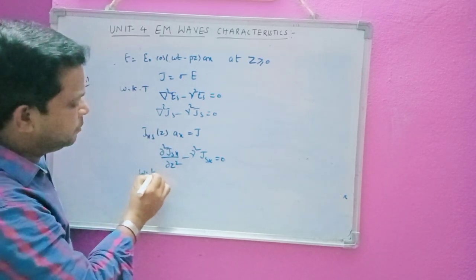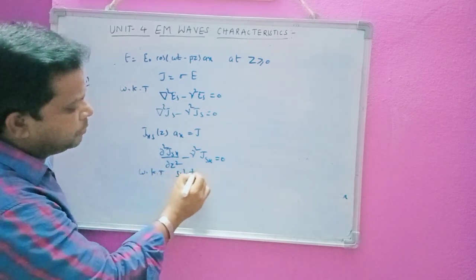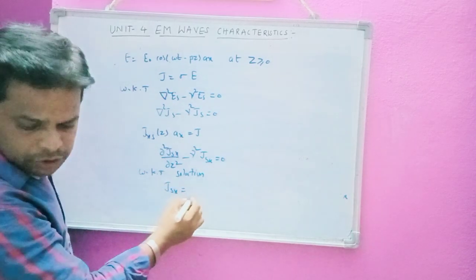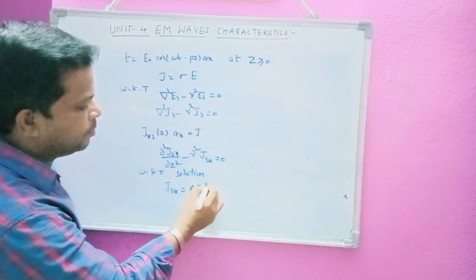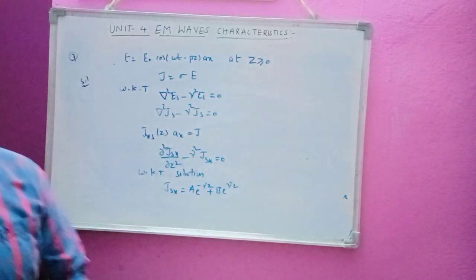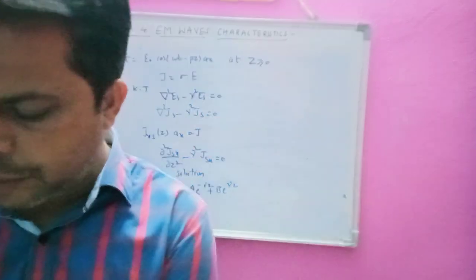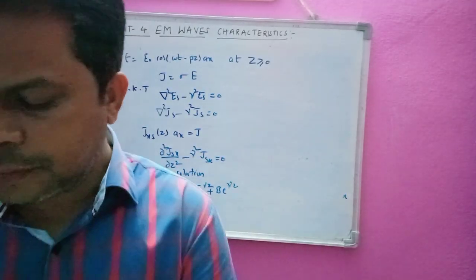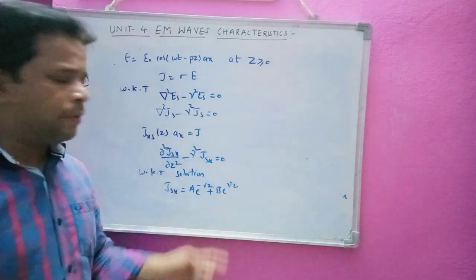We know that the solution of the above equation is Jsx is equal to A into e power minus gamma z plus B into e power plus gamma z. We already know that e power minus gamma z is a wave propagating in the positive z direction, and e power plus gamma z is the wave propagating in the negative z direction.